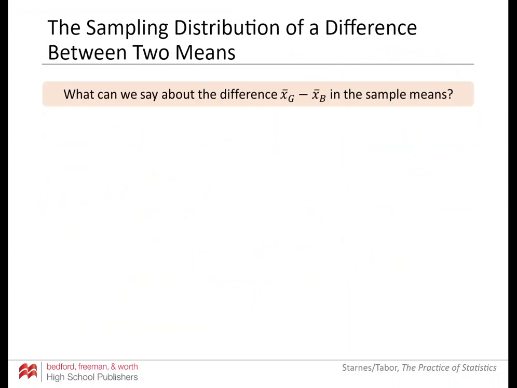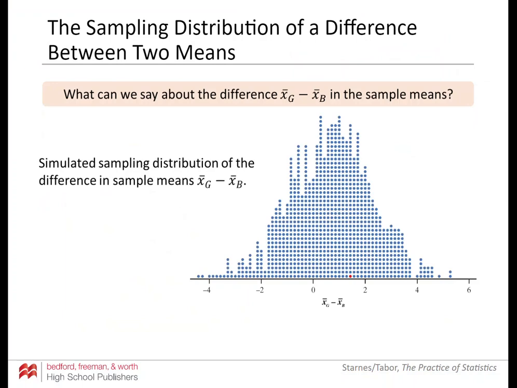We need to look at the difference x bar g minus x bar b. So, we have a sampling distribution of this situation, x bar g minus x bar b.